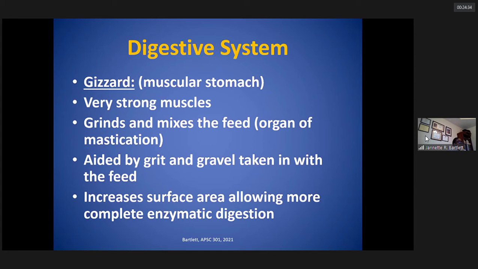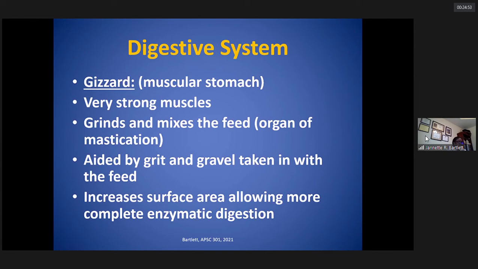Birds do not have teeth, but the gizzard serves a similar purpose, in that the muscles crush and grind the feed. And this is aided by grit mixing with the feed.